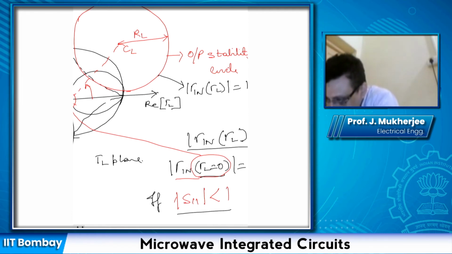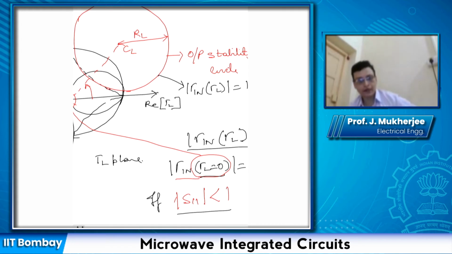Now if this origin is stable, then all points outside this red circle also must be stable, because this red circle defines the boundary between stability and instability. Since the origin is outside this red circle, it lies in the stable region, and therefore the inside of this circle must be the unstable region.